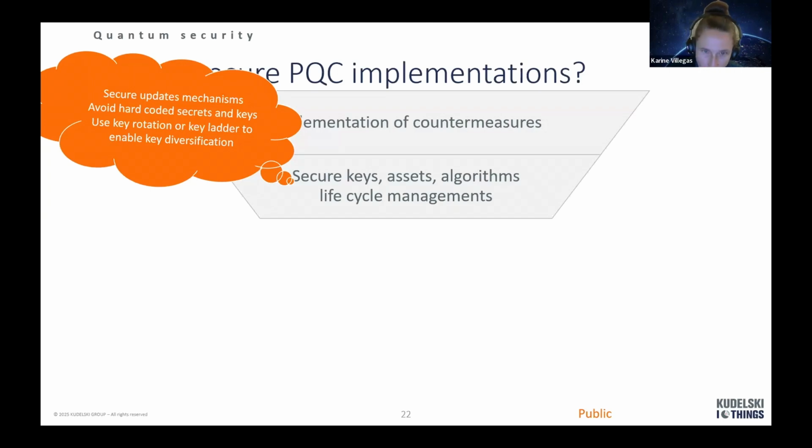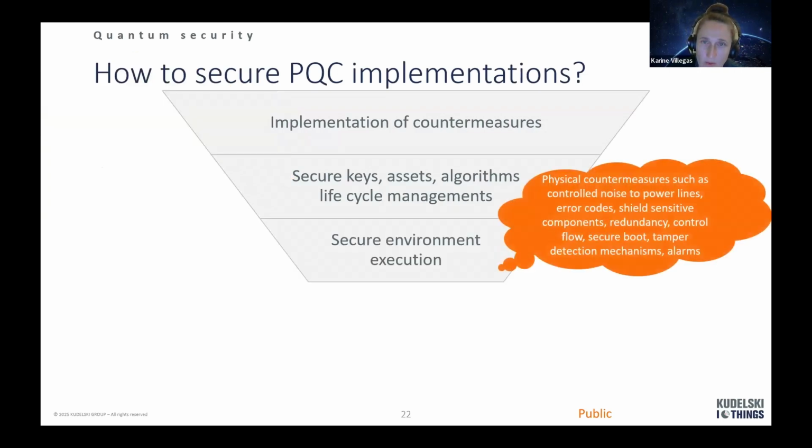The third axis is to execute the algorithm in a secure environment. That means that if you are executing the algorithm in a device, having physical countermeasures locally is quite interesting to make the side channel leakage less relevant, to integrate error detection or error correction codes in order to detect fault attacks, adding also control flow.